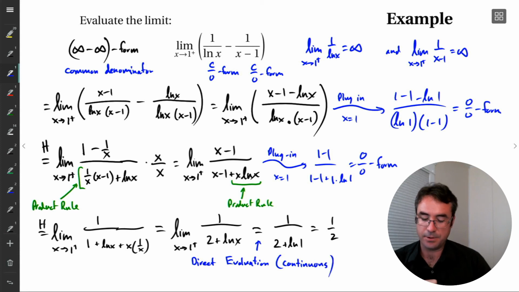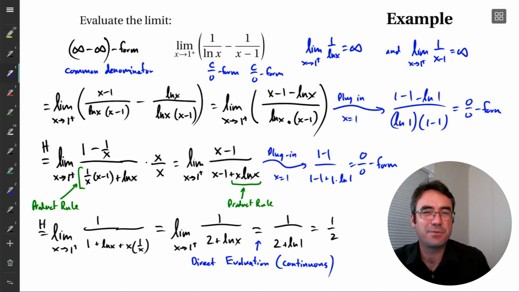No division by 0. And so this is another one of our strategies if we have these infinity minus infinity forms: if you have a fraction, maybe common denominator works. And you're able to take this subtraction that's going on. And what did we do? Well, we converted it into a single quotient here. And that quotient was the 0 over 0 form.